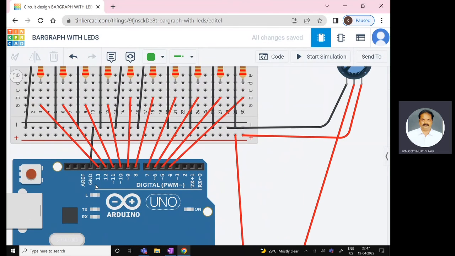Pins selected are 13, 12, 11, 10, 9, 8, 7, 6, 5, 4. These are the digital pins.